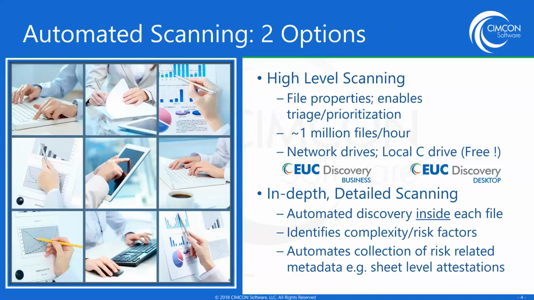So typically a PDF is something that you're not interested in taking a close look at. But an Excel file that might be a model or have some degree of complex calculations or data transformations involved, that would be an EUC of interest. You notice we have two product names there, EUC Discovery Business and EUC Discovery Desktop.